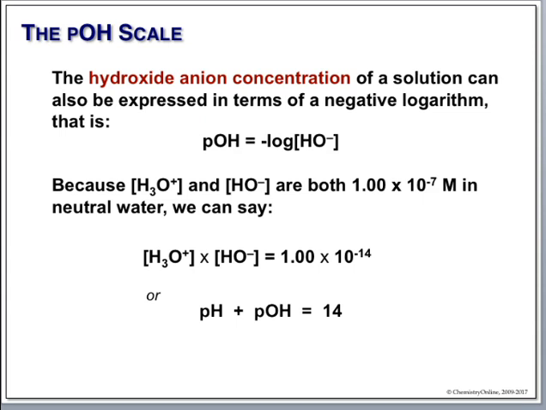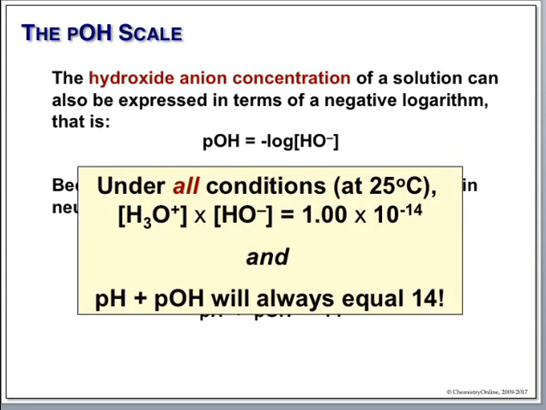Those two are facts that you need to remember. Hydronium times hydroxide, anytime, anywhere, is going to be 1 times 10 to the minus 14. And pH plus pOH is always 14. Handy things to remember.